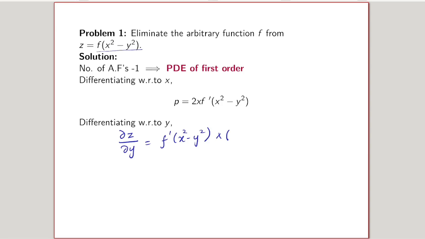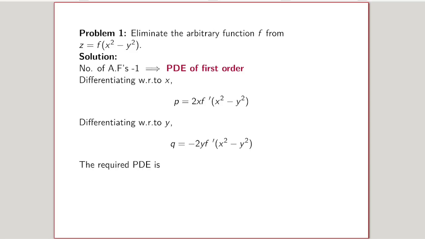So x squared will be 0, and if you differentiate minus y squared, we'll be getting minus 2y. So we can write it as q is equal to minus 2y into f dash of x squared minus y squared. So this will be our second equation.